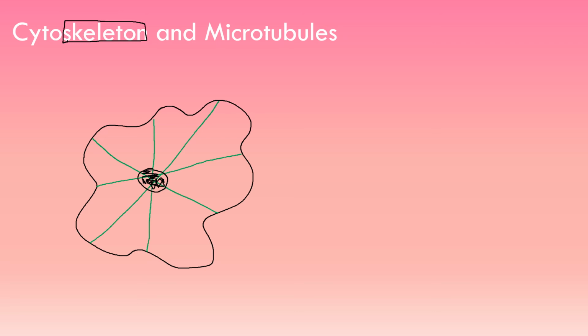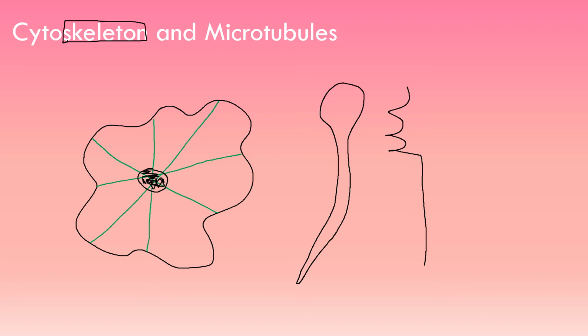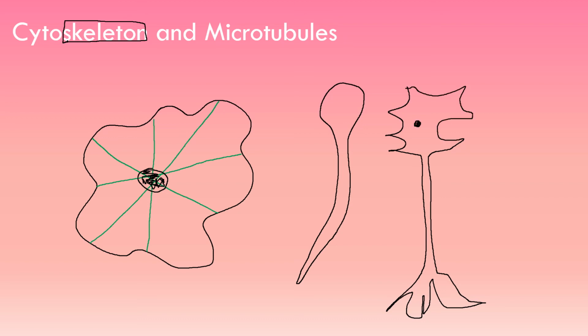So if we look at, I don't know, let me just choose one, a sperm cell, for example, it's got a really specific shape. If we look at a nerve cell, then it's got a specific shape.